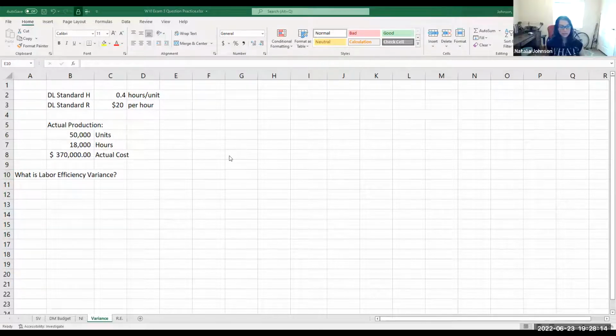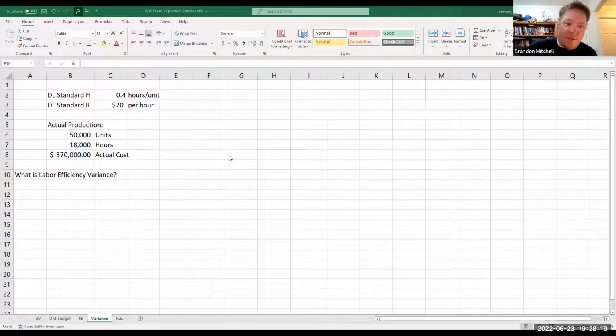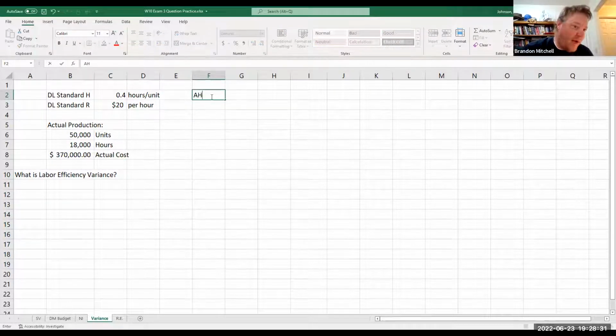Okay, Brendan, how do you do it? Okay, the way I do it is I always set up the chart so it's easy to see. So you take your actual quantity, which in this case is hours. You times that by your standard price, which is $20 an hour.